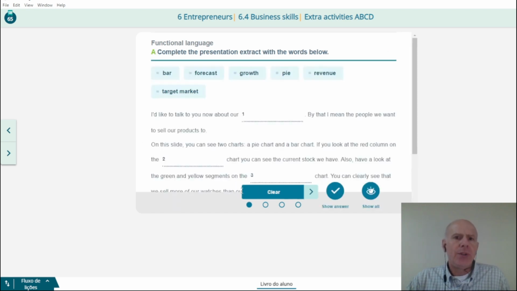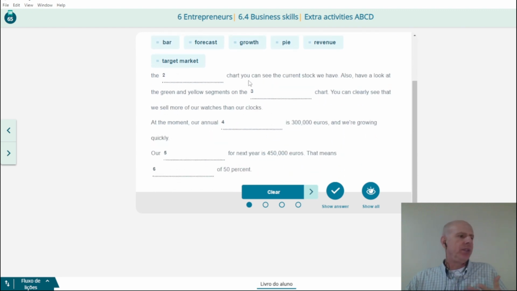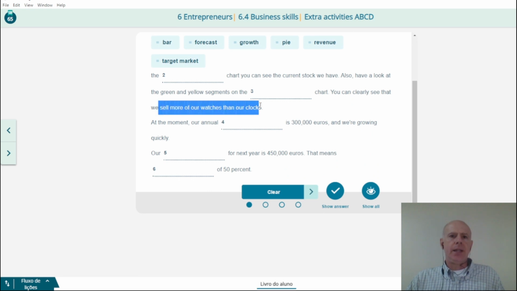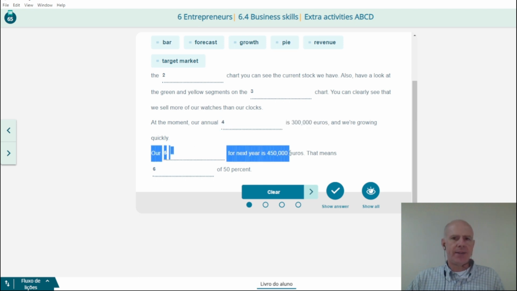Well, what was that about? It's about the target market, right? This is what we're talking about. And then what kind of information did we have? We had that the company is selling more watches than clocks. It also talks about the revenue and the forecast.